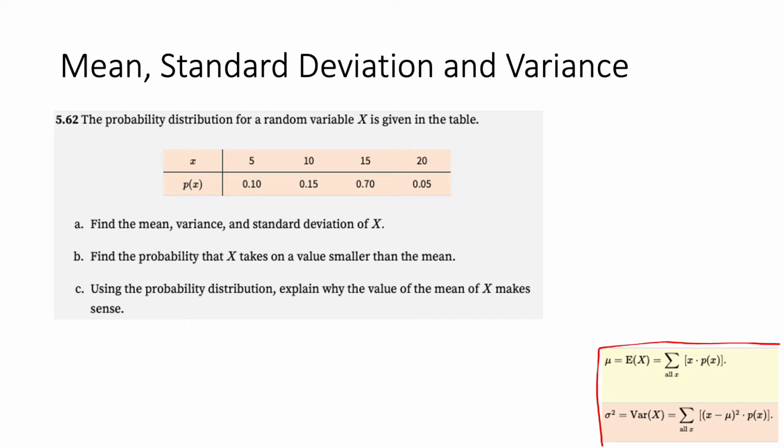So with that in mind, let's use these equations to find the mean, variance, and standard deviation of x. Sometimes the mean is also called the expected value, and all you have to do is multiply x by its associated probability, perform that for all x's, and add them up. Okay.